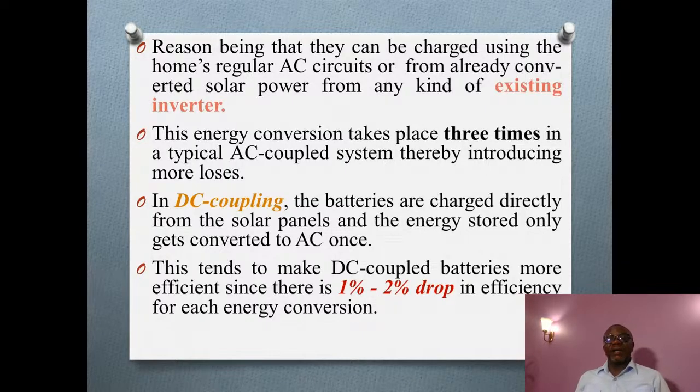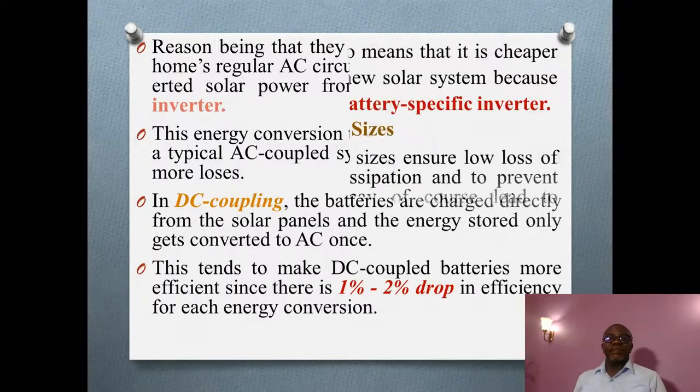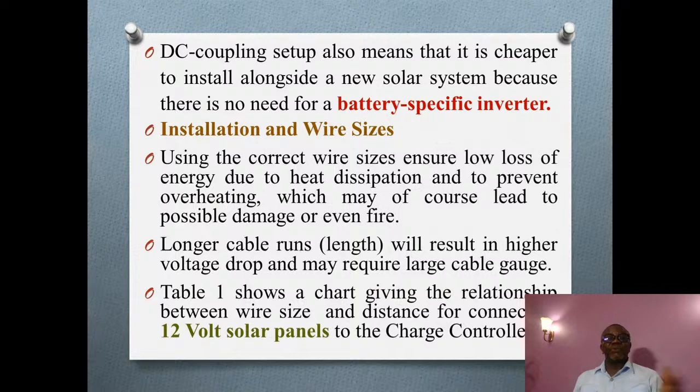But if you had already installed one before and you needed an upgrade, then you have to make use of the AC coupling. So we say DC coupling setup also means that it is cheaper to install alongside a new solar system because there is no need for a battery specific inverter.